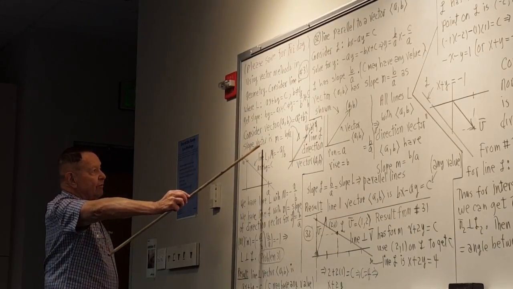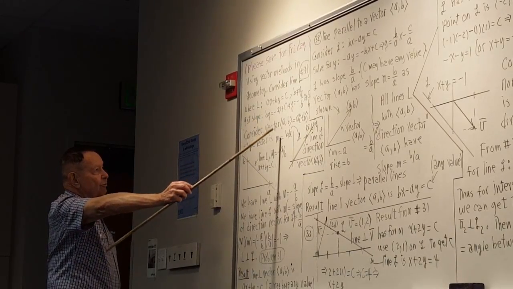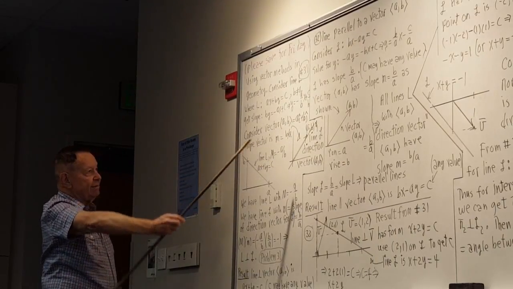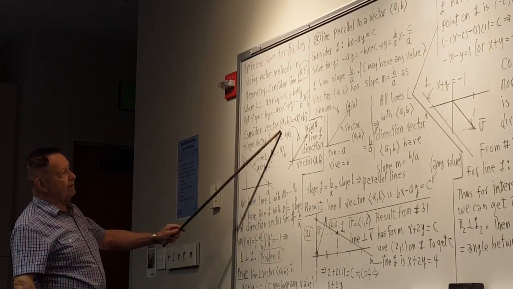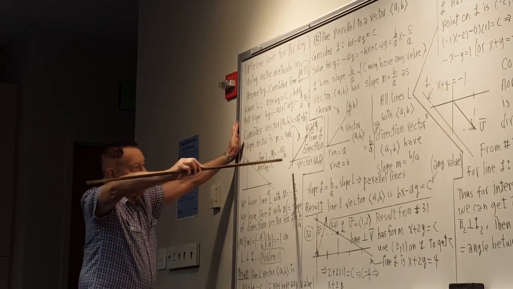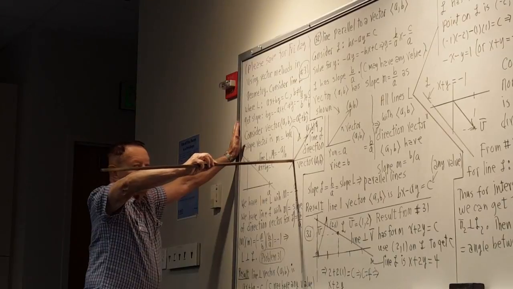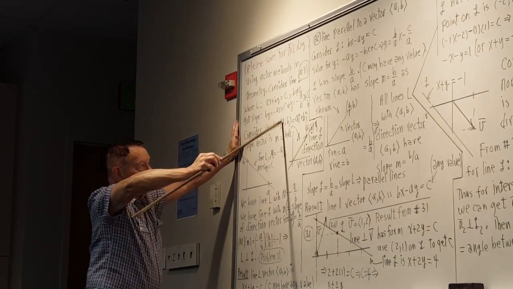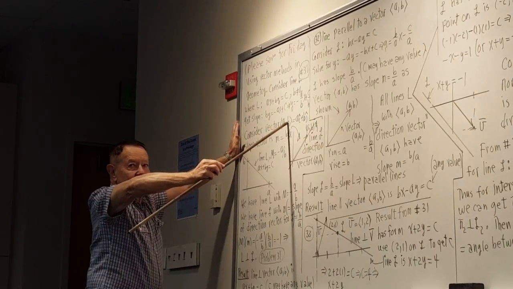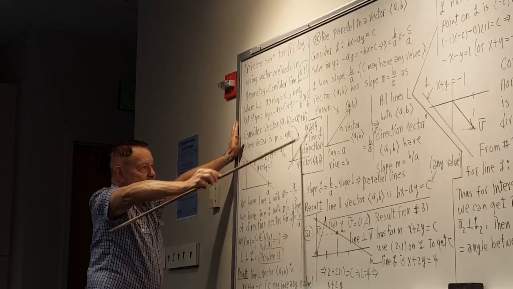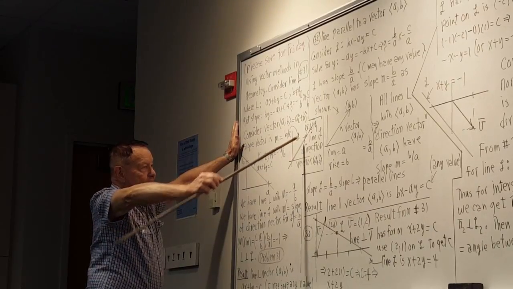So what we know now is the slope of this vector is B over A. Because if you draw the vector AB, the class representative is the arrow with tail at the origin and tip at the point that these are the coordinates of. So say here is AB, then here is your vector.